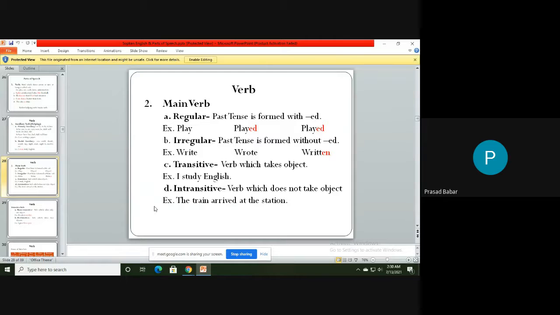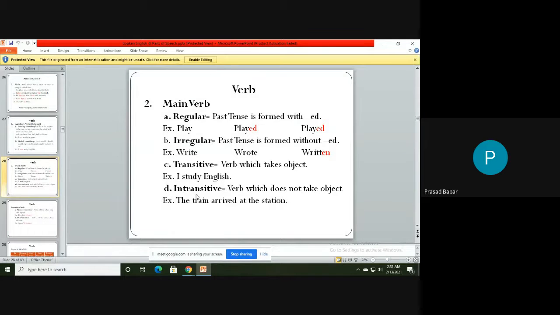For transitive verb, in Marathi, we can say that it is called sakarmak kriyapad. When the object or karm comes after the verb, it is called sakarmak or transitive verb. So in Marathi also we can clear this concept.